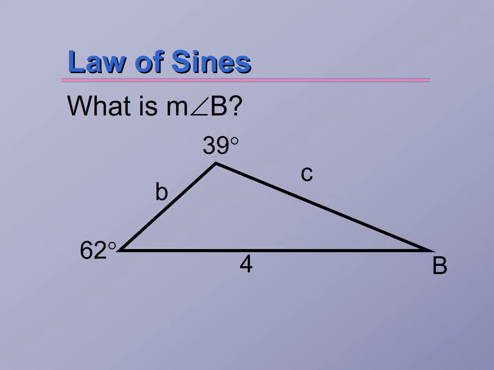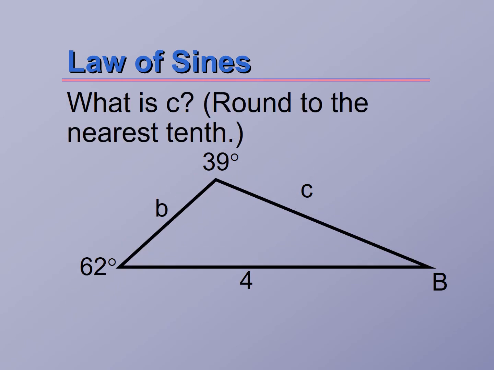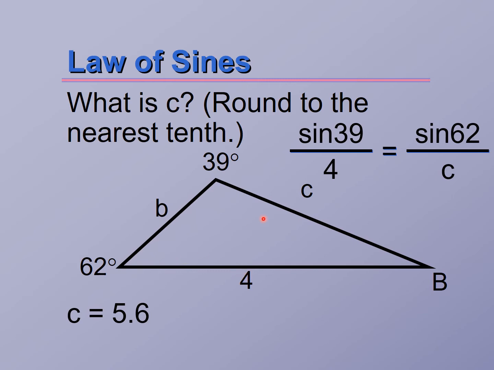So to find angle B for this one, we can do 180 minus 39 minus 62. We get 79. And to find side C, we're going to use our known ratio of sine 39 over 4. And then, since we're trying to find side C, we'll use sine 62 over C. So when we solve, we're going to have to cross multiply.